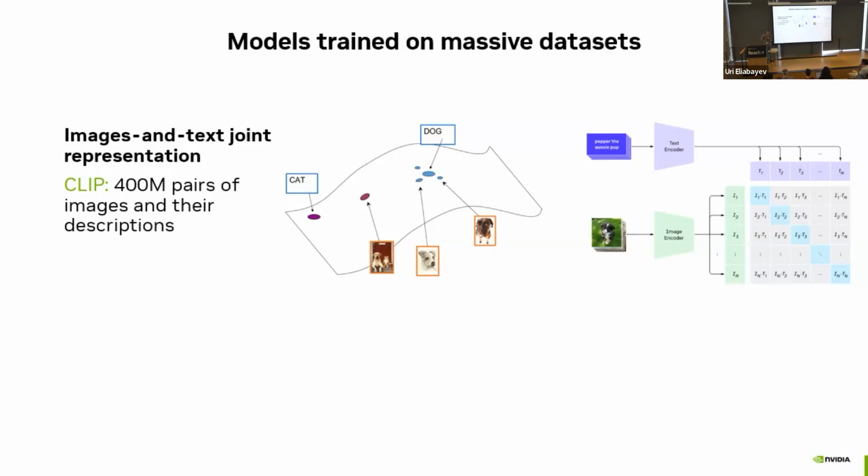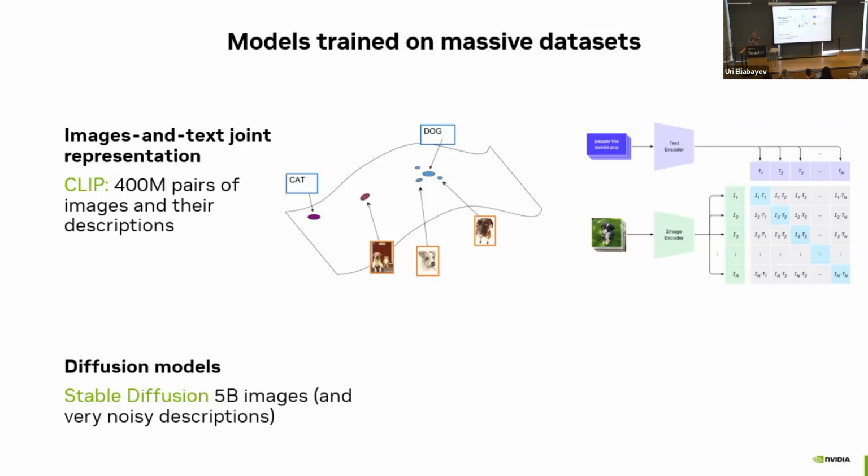You train a text encoder and an image encoder in a contrastive way such that images would be located close to their description text. So this is the model called CLIP. We're going to use it later. It's really, really useful.